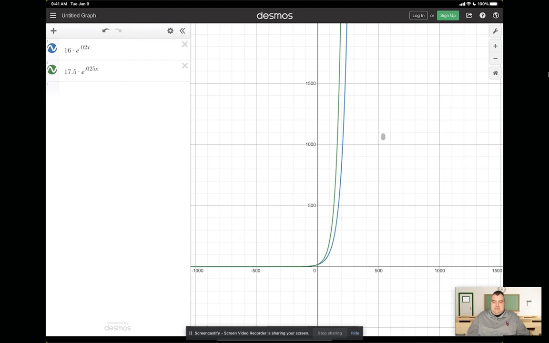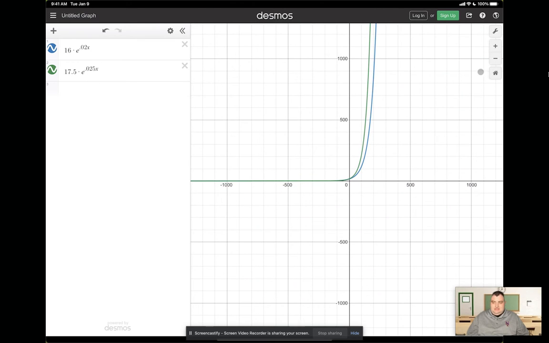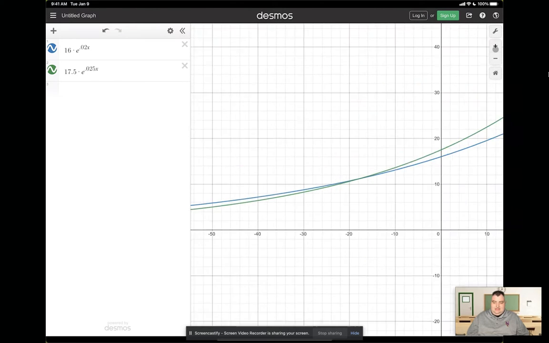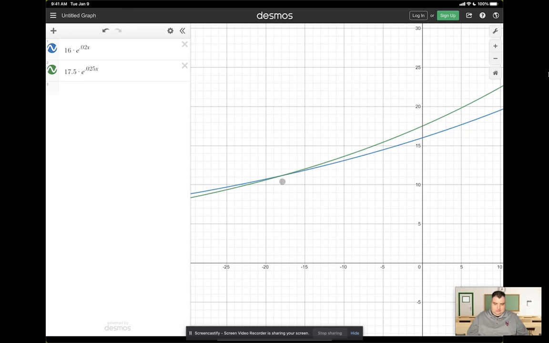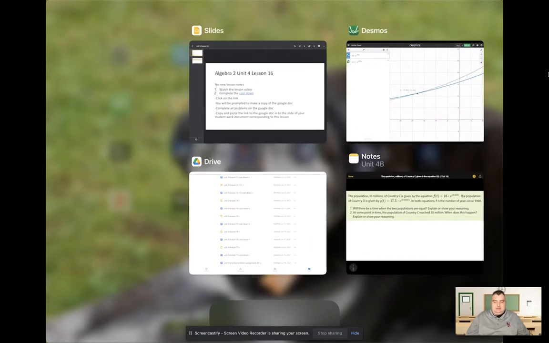So there is a time that they are the same. Okay. The problem is that point in time occurs before 1980. So negative 17.9 means it happens almost 18 years prior to 1980.